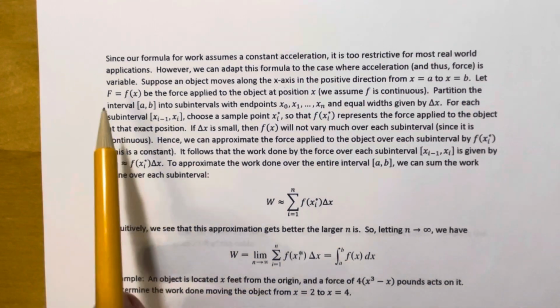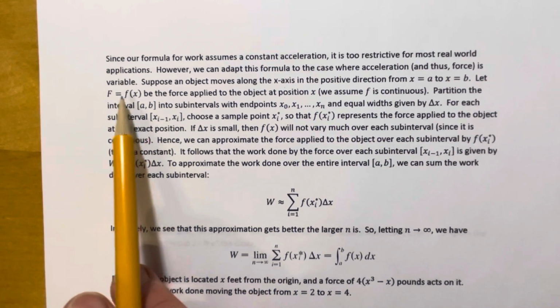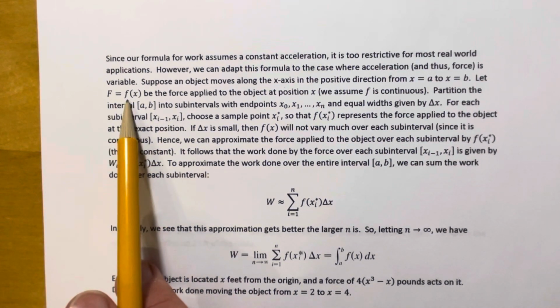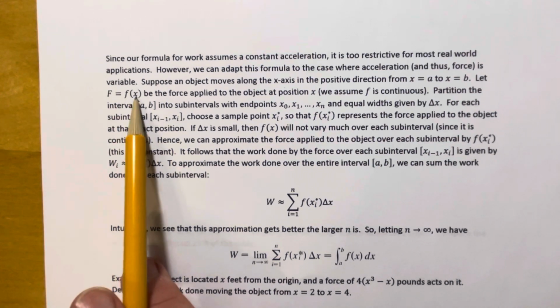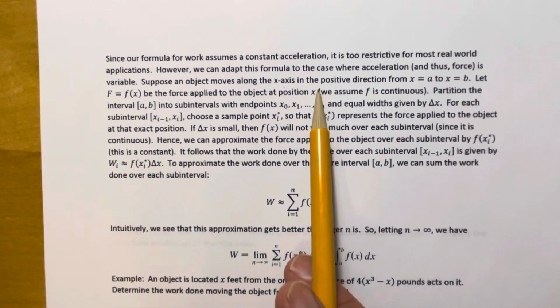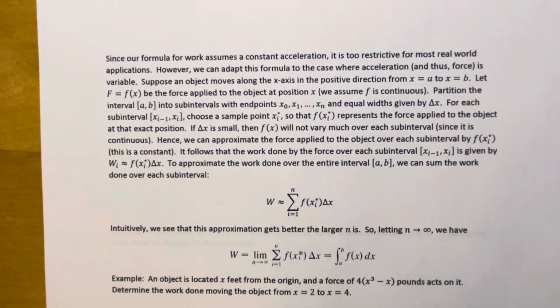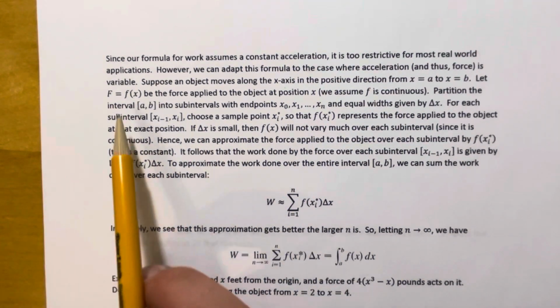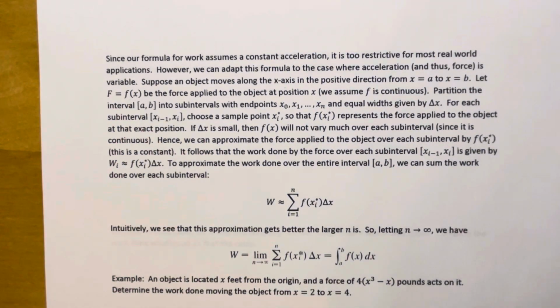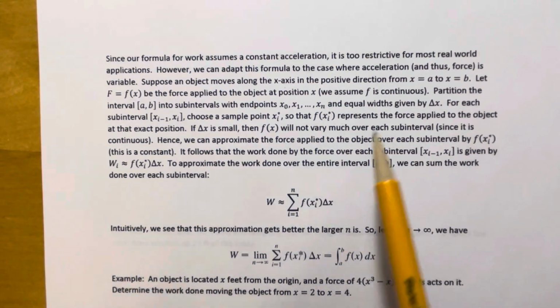And then let's suppose that F is given by a function. So capital F, meaning our force, is given by a function of x, where x corresponds to different positions on that x-axis. Okay, so depending on where we are on the x-axis, we might be applying different forces, and this function will give us that force as a function of our position.